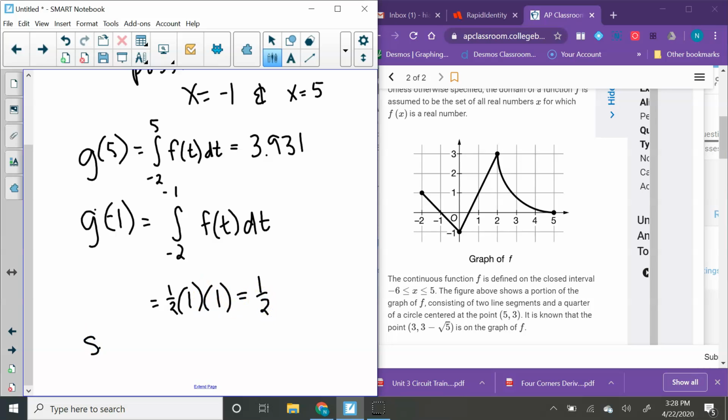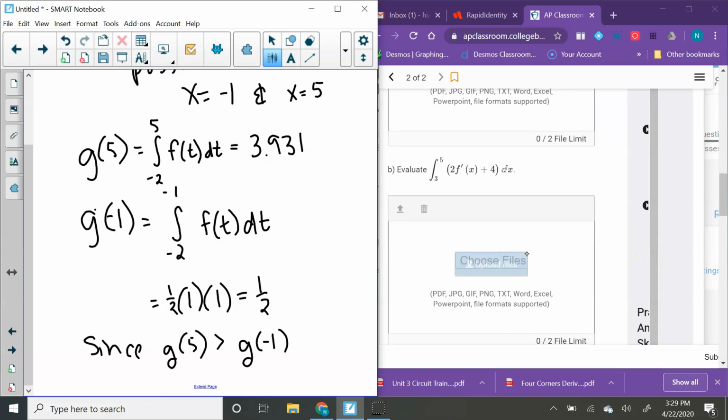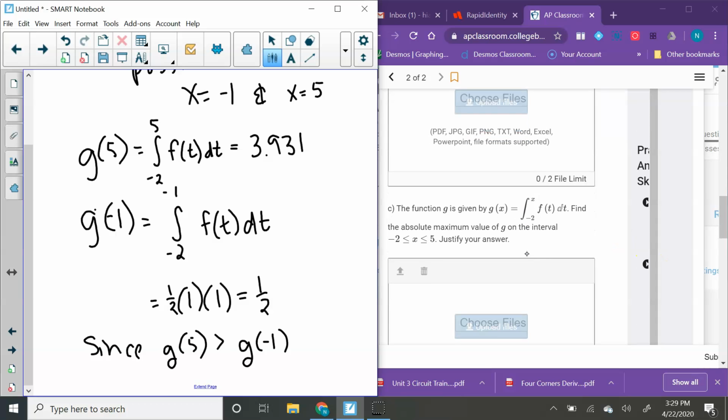And so since g of 5 is greater than g of negative 1, then we know, did it ask for x values or, okay, it does not ask for the x value where this absolute maximum occurs, but asks for the absolute maximum.